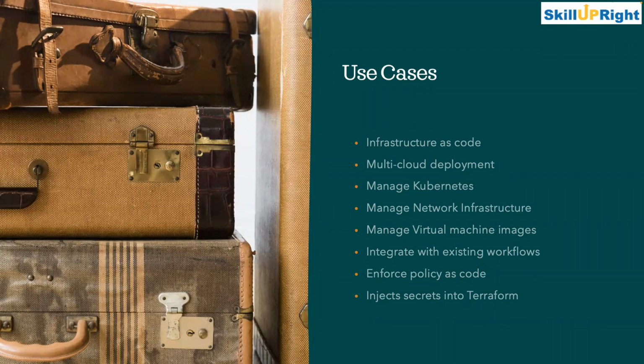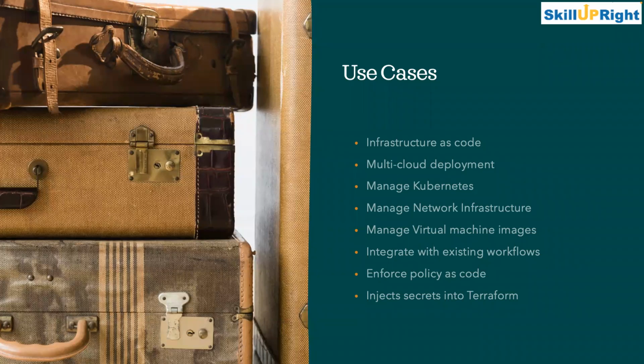So as I said, manage your virtual machine images. In AWS, you might have heard of AMI, different types of images. You can also create images by using Terraform and Packer. Packer also comes from HashiCorp. Packer is a tool which customizes your operating system.